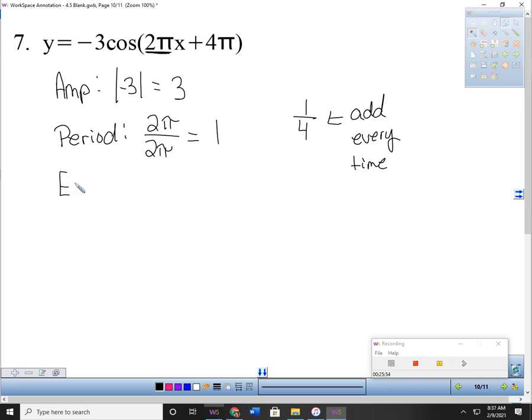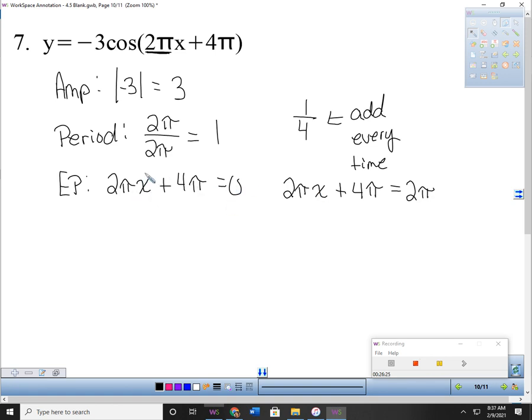All right, for my endpoints, I will take what's in the parentheses here, what I'm taking the cosine of, and I'm going to set that equal to 0, and then I'm also going to set that equal to 2 pi, because that's where I normally start. I normally start at 0, and I normally end at 2 pi, but I'm shifting this.